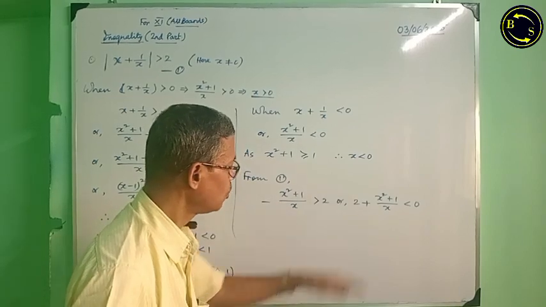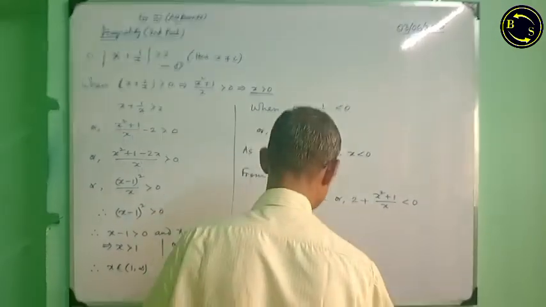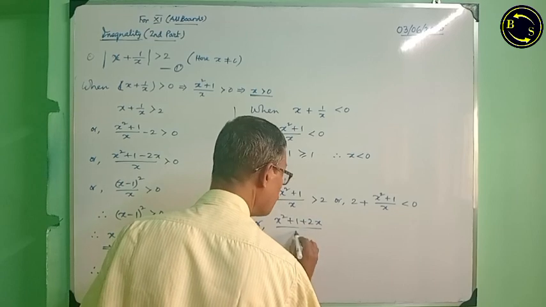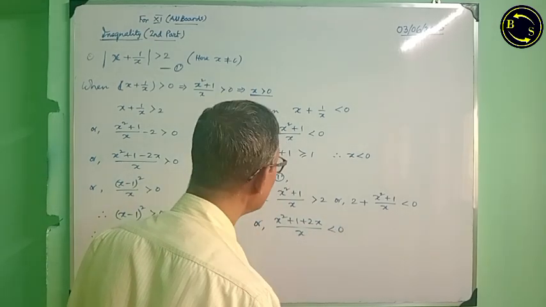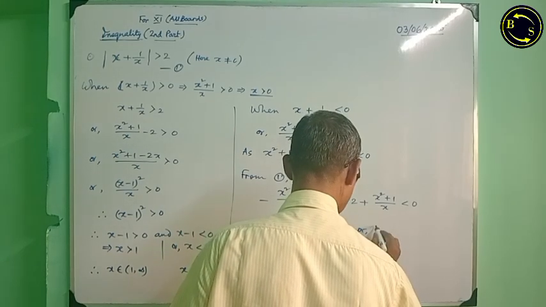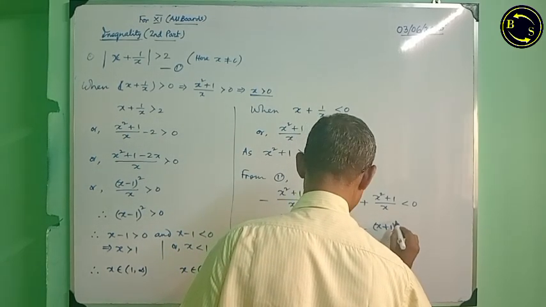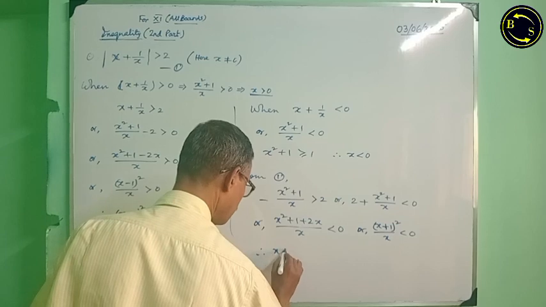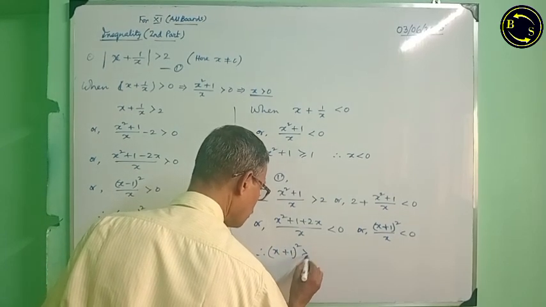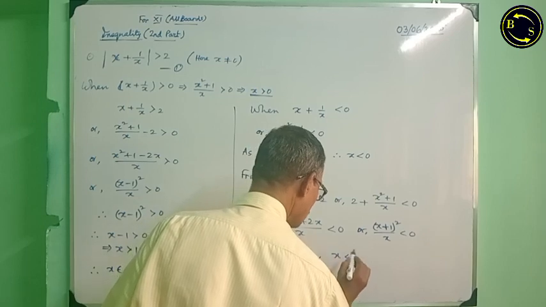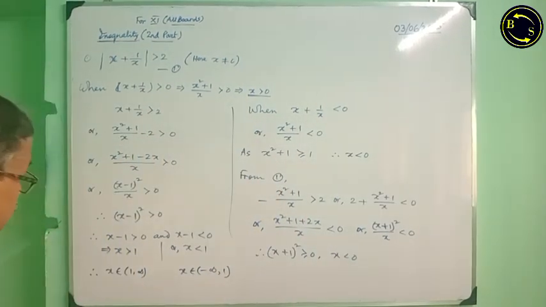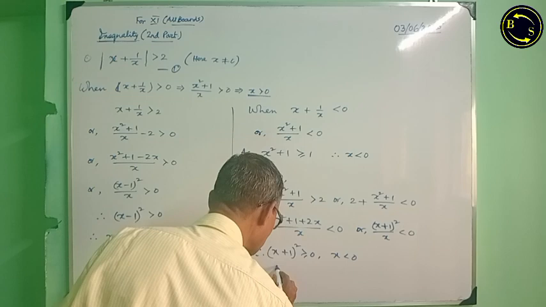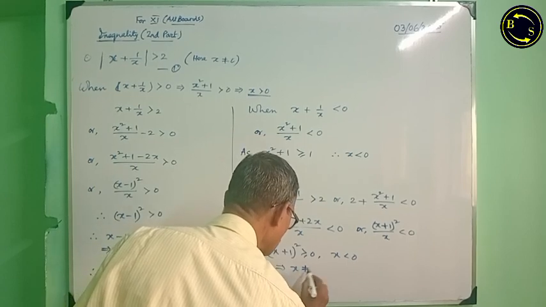I have taken this one on the right side, or here x less than 0, and from here x not equal to minus 1.